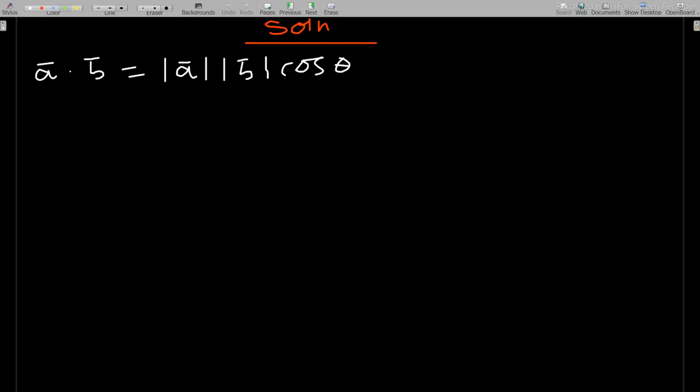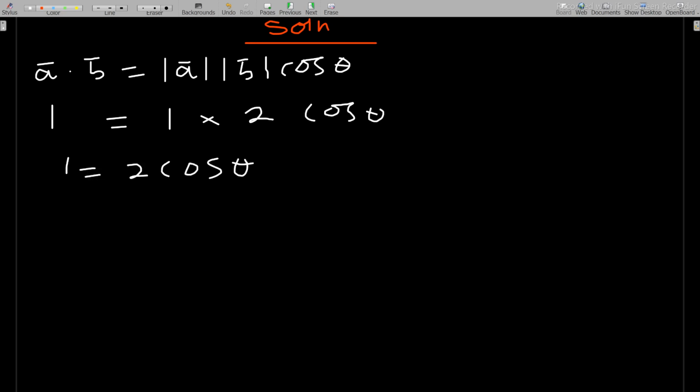Now from this, you know that A dot B is given as 1 in the question, the magnitude of A is given as 1, and that of B is given as 2. So simply we have 1 equals 2 cos theta, and then divide through by 2, we get cos theta equals 1 over 2.